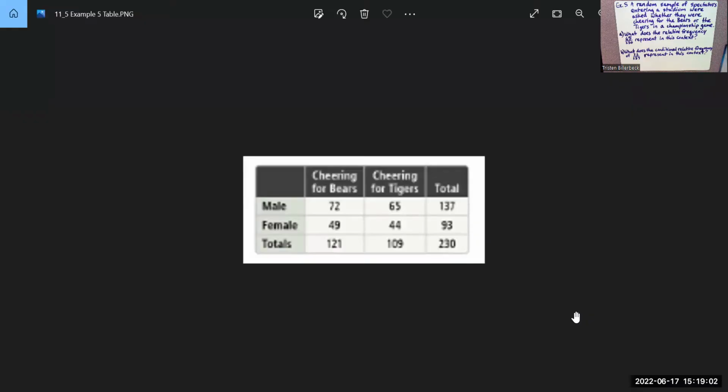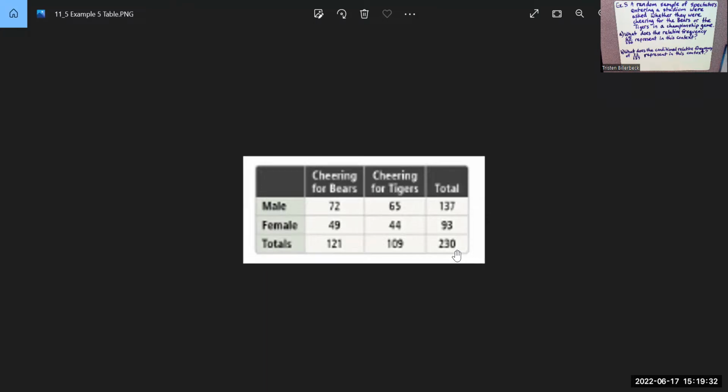All right, so based on this, we're looking for 65 over 230. 230 is the total amount of fans. So 65 over 230, this relative frequency represents 65 cheering male Tiger fans over total fans that are attending in the stadium.